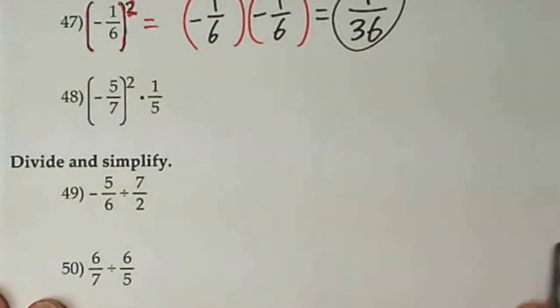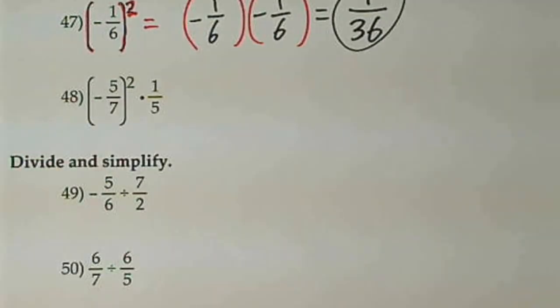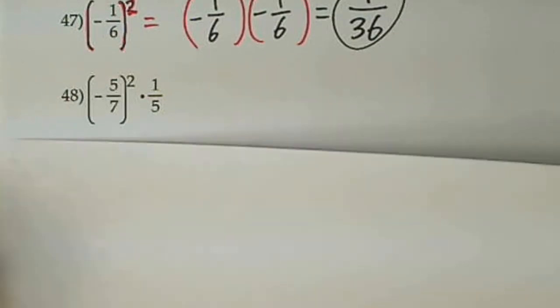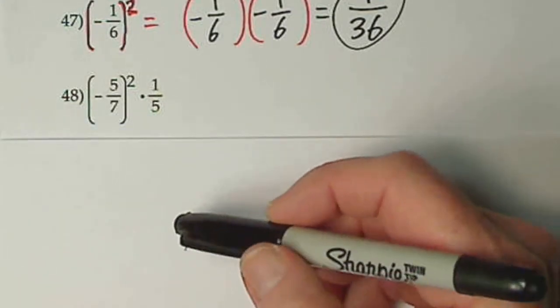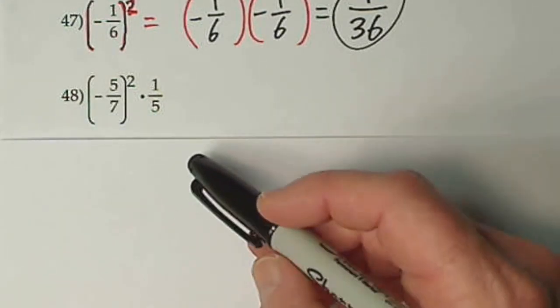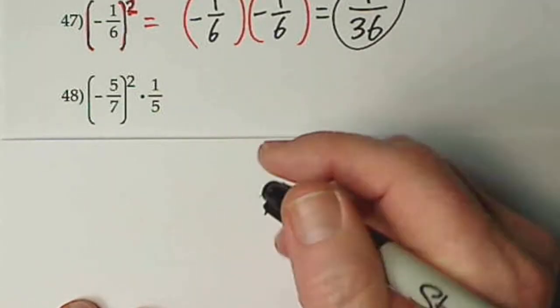Number 48's order of operations. So first you'll have to calculate, well, maybe I'll say that a little differently. I mean, the order of operations is always in play. You just don't always have to pay a lot of attention because something else has got your attention.